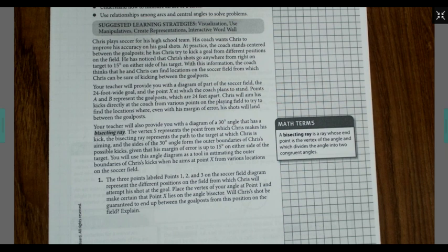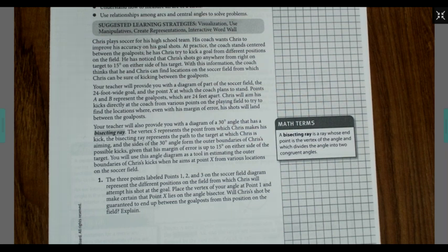The bisecting ray represents the path to the target at which Chris is aiming, and the sides of the 30-degree angle form the outer boundaries of Chris's possible kicks, given that his margin of error is up to 15 degrees on either side of the target. You will use this angle diagram as a tool in estimating the outer boundaries of Chris's kicks when he aims at point X from various locations on the soccer field.